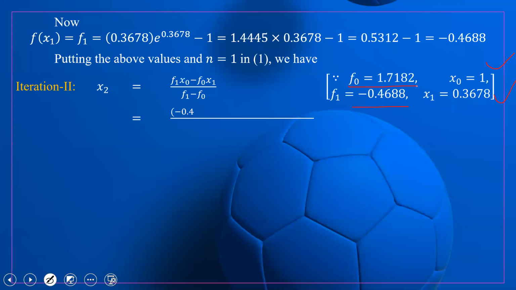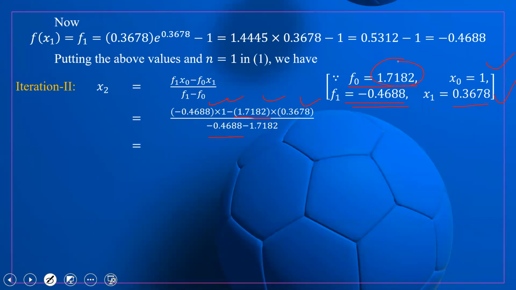So if we substitute the value of f1 into x0, which is 1, minus 1.7182 into x1, which is 0.3678, and f1 is minus 0.4688, and f0 is 1.7182.